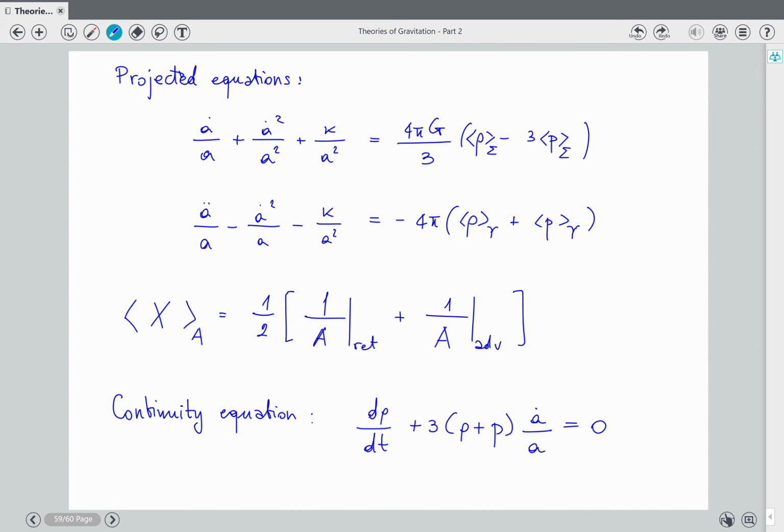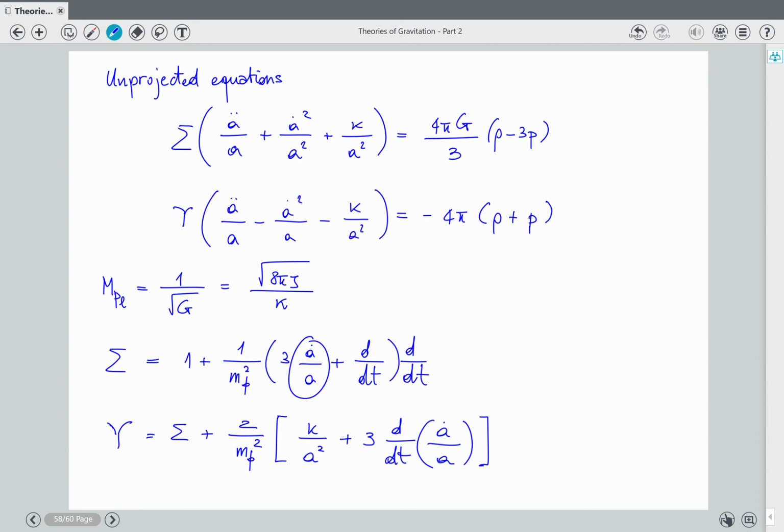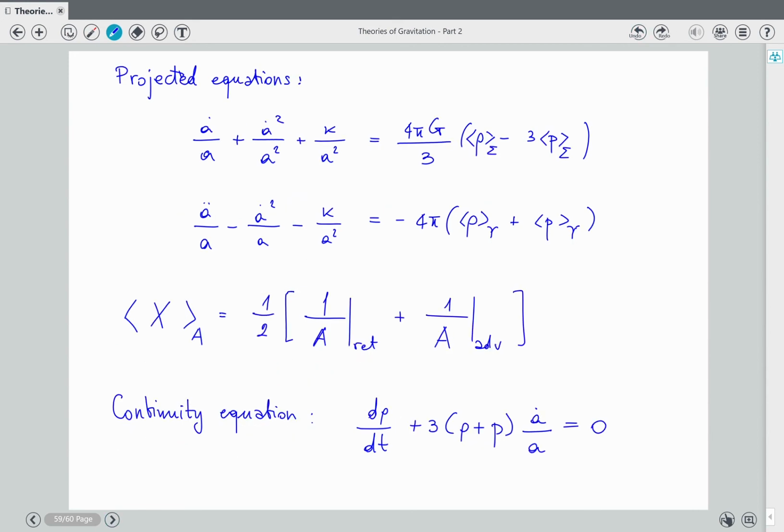And because there is an iteration to make, these operators depend on A, and so these are not actually the finally projected equations, but only a perturbative form. Sometimes it's not that easy to make the projection non-perturbatively, because for doing that you would need to know what quantum gravity is non-perturbatively.